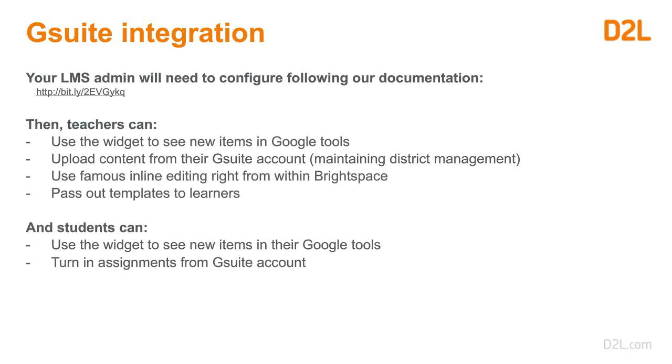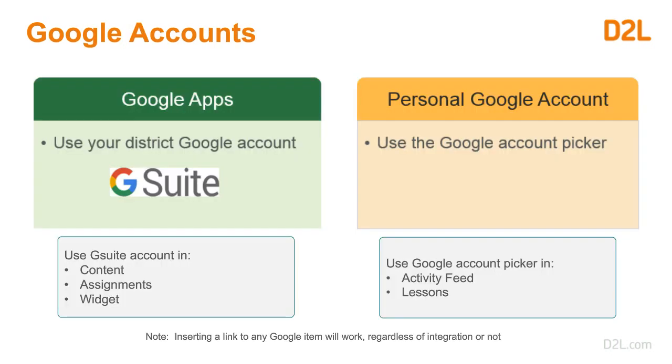I really wanted to hit home on which tools apply to which kind of integration you have. So most of you are probably familiar with our content tool. Our content tool connects with that full-fledged GSuite integration. GSuite integration is also available inside of assignments for students to turn in, and then, like I mentioned, that widget.